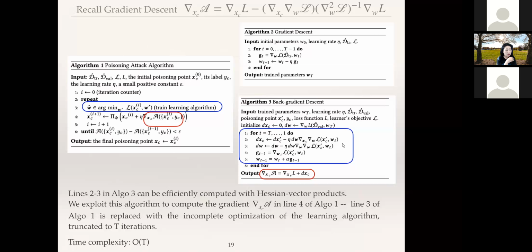Anyone want to see why we do that? Take a look at this here. Finally, what you get is this thing down here.